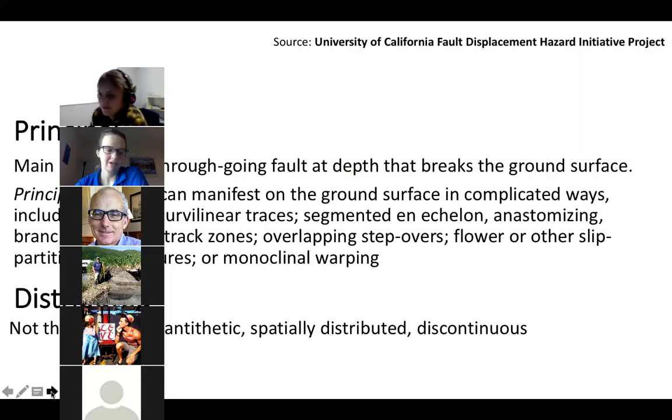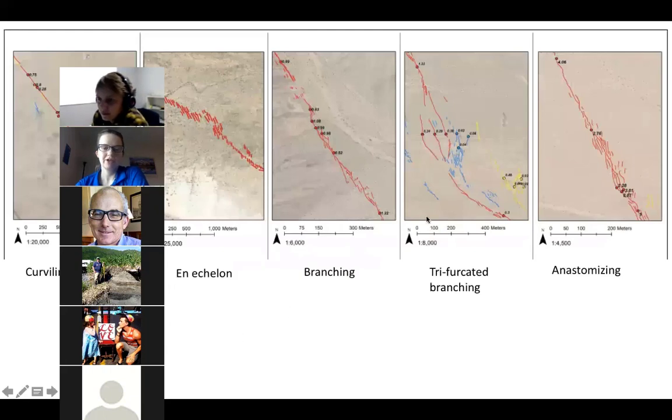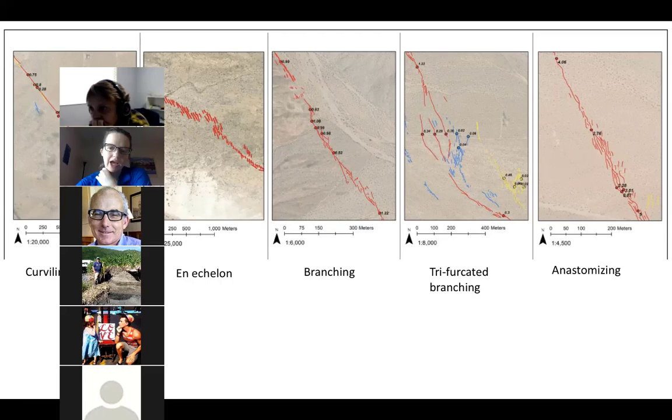Yes. So here are these different examples of principal and distributed or secondary faulting. In each of these cases, the red faults were identified as the major fault, and the yellow and blue segments were identified as the secondary faulting.